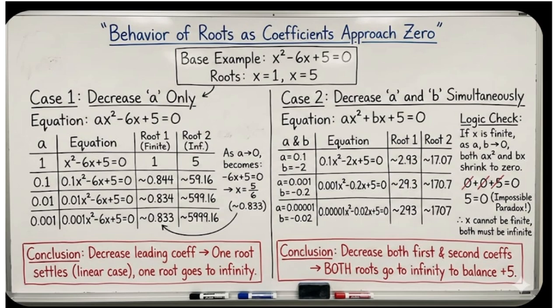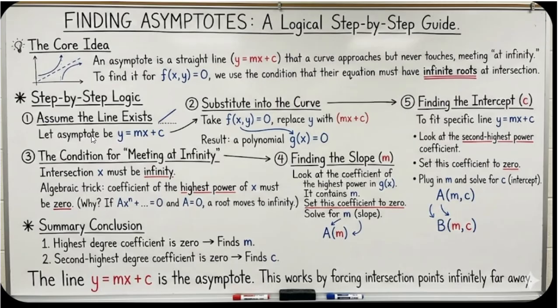Let us move on to this one. Now with this concept, we know how to find an asymptote for a given curve. Let us start our discussion. Suppose a curve f of x, y equal to 0 is given, and I want to find an asymptote for this curve.